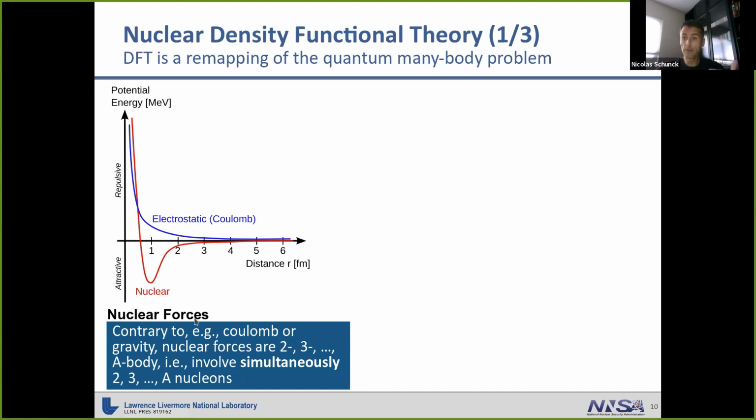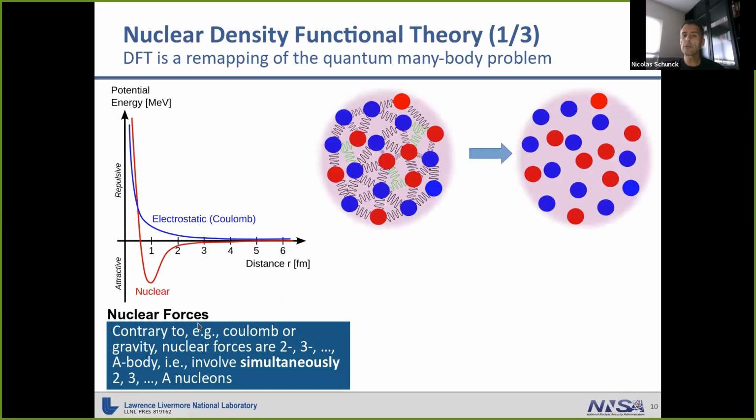In a way, the force itself is not just two-body, but many-body. So when you try to calculate the properties of the nucleus, it's incredibly complicated, because you have these dozens of nucleons that are all interacting 2 by 2, 3 by 3, 4 by 4, A by A. And so it's intractable, except for the very lightest nuclei.